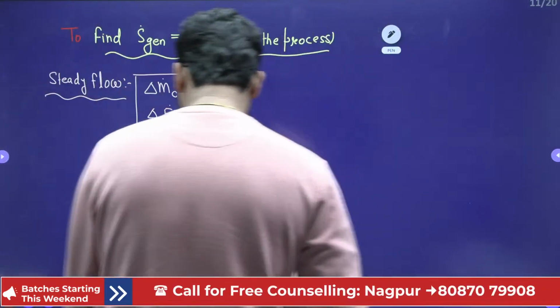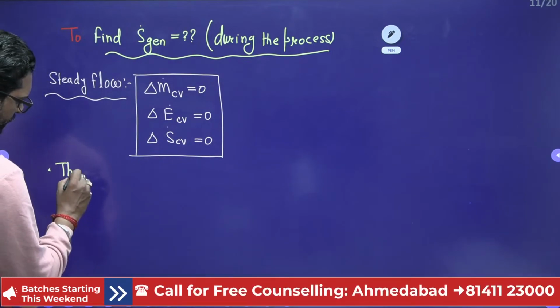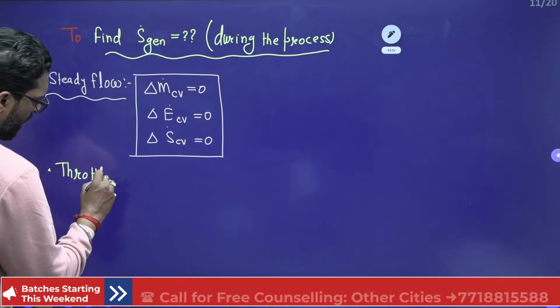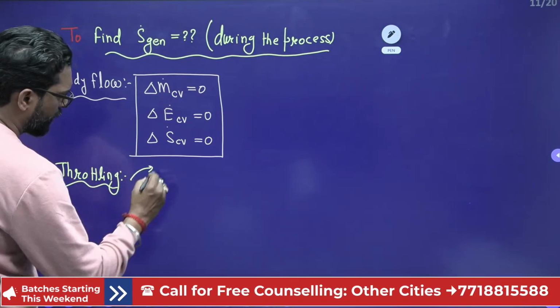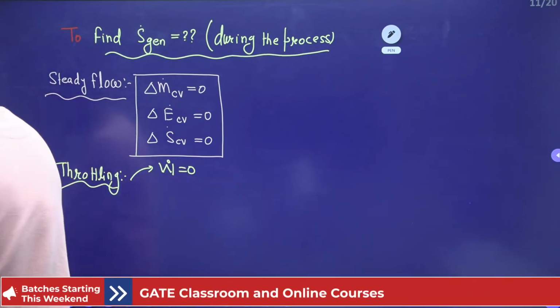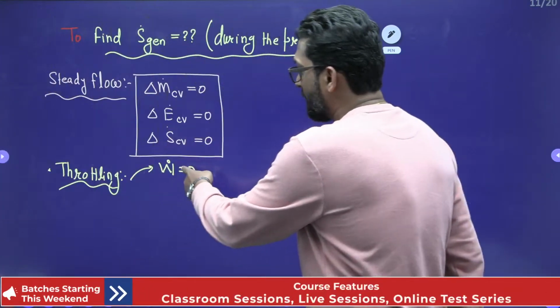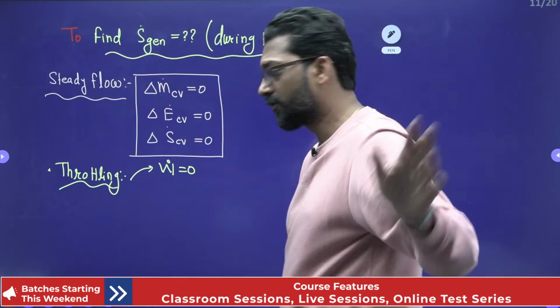Now, for the throttling, there are two very fundamental assumptions. There is no working device, so work transfer is equal to 0. Why? Because there is no installation of a fan, electrical heater, or anything, so no work transfer.